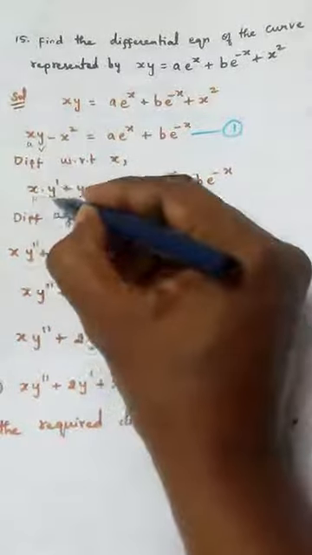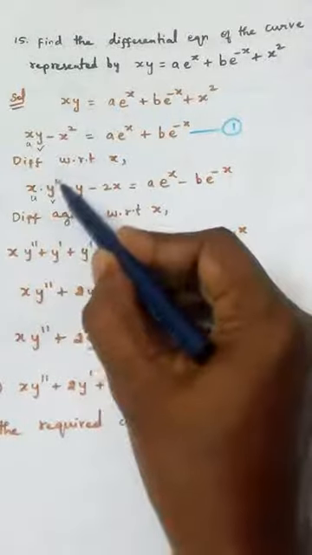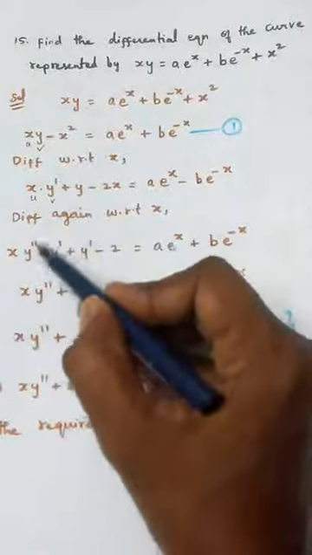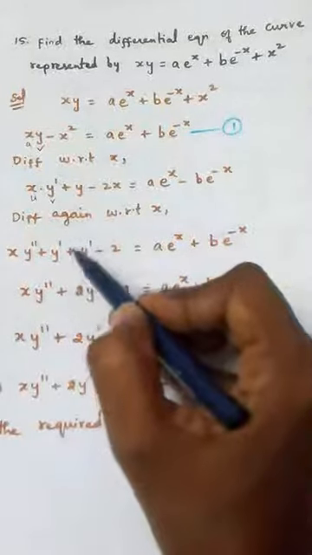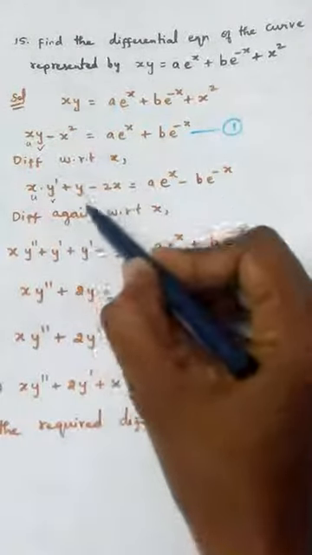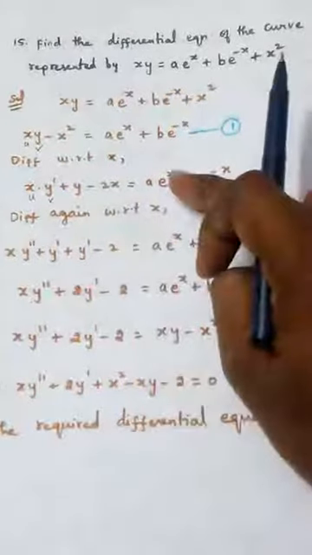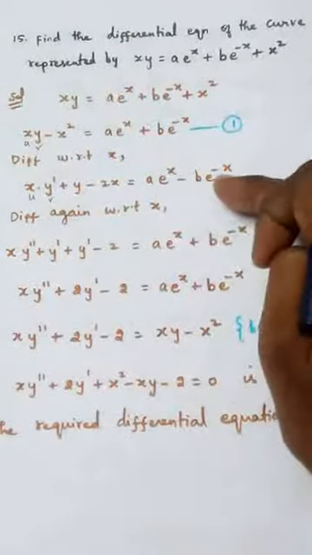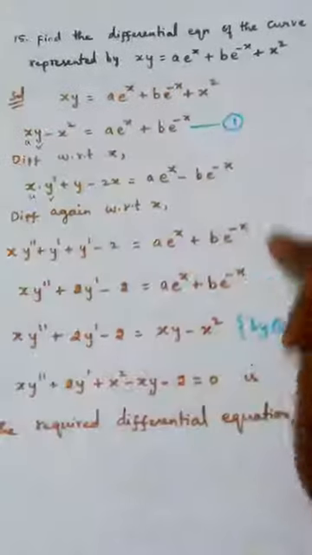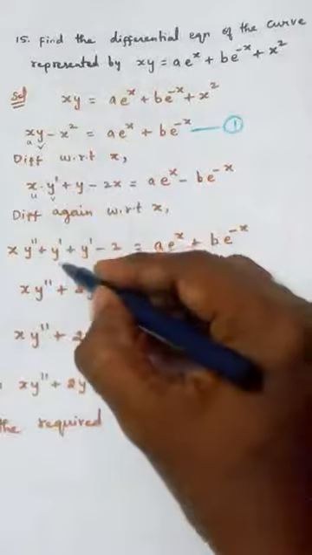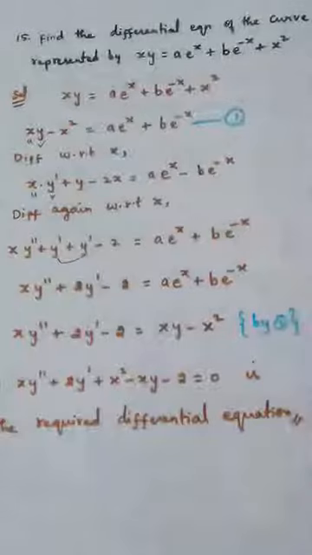Once again differentiating. Again this is taken as u, this is taken as v. So u into v dash is y dash, if you differentiate it becomes y double dash, plus v into u dash becomes 1, plus differentiation of y dash, differentiation of 2x is 2, differentiation of e power x is e power x. If you differentiate e power minus x, minus will come, so it becomes plus b e power minus x. Adding these two, you will get 2y dash, and the remaining all written as it is.